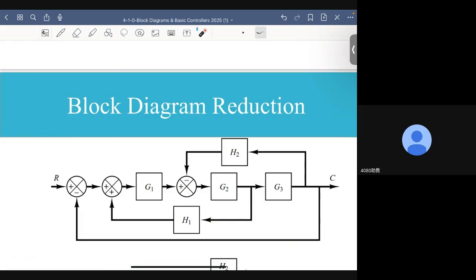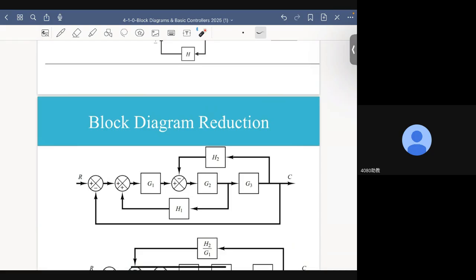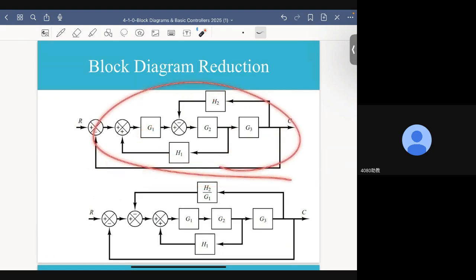another good thing about block diagrams is that by using simple block diagram manipulation and simple algebra, we can actually simplify the representation of a system. Let's say this is a block diagram of a real physical system that we need to manage. Very complex. You have 3 feedback loops occurring in different parts of the control system.